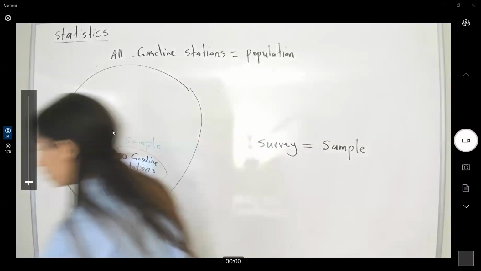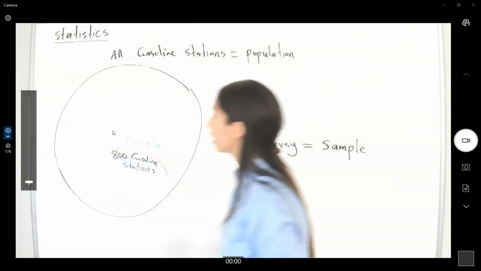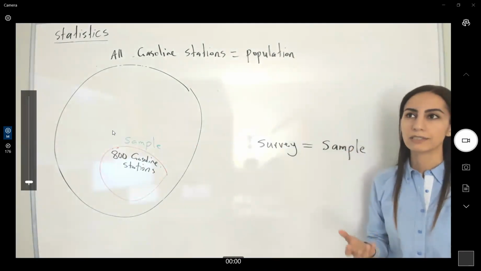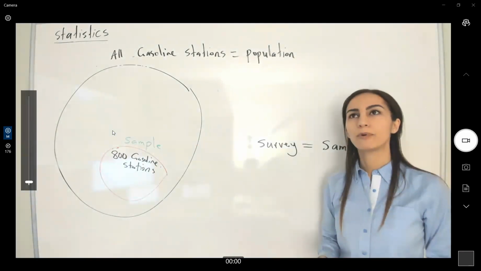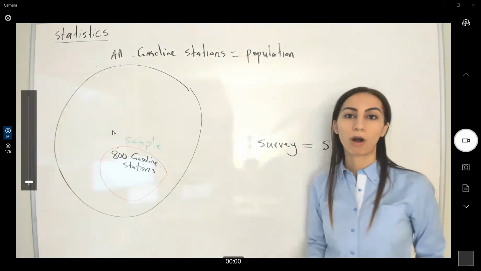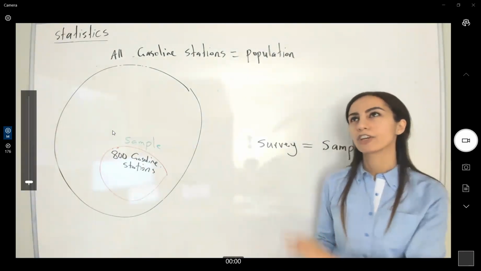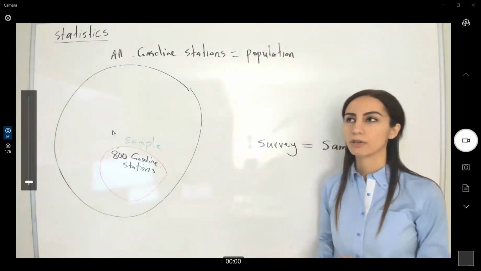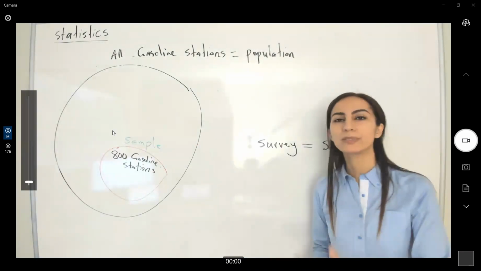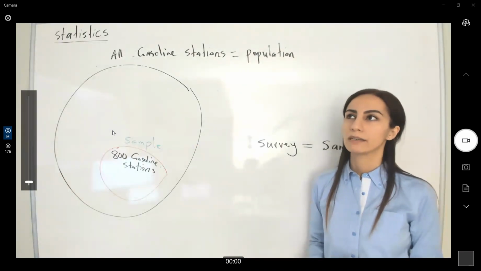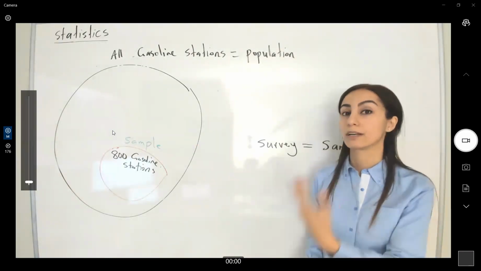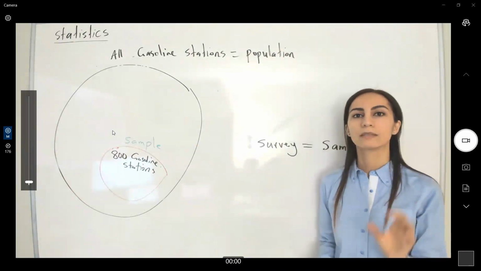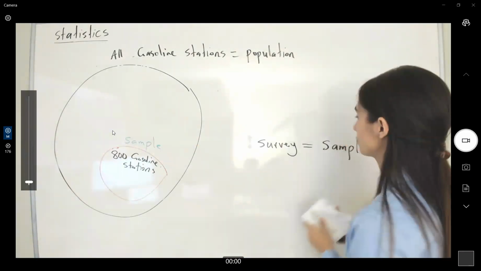So in general, when you're talking about a population and you're saying, for example, the mean of the population, the average of the population, the standard deviation of the population, instead of repeatedly saying the mean of the population, we refer to those as parameters.